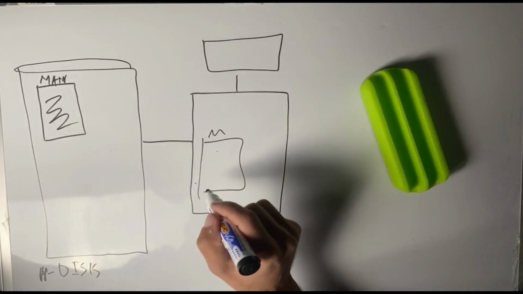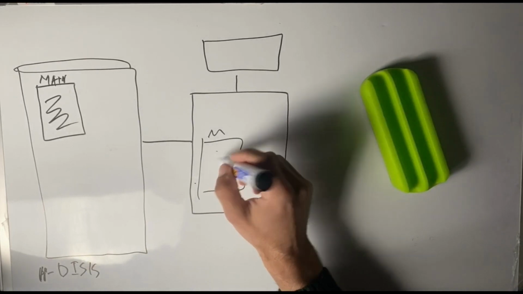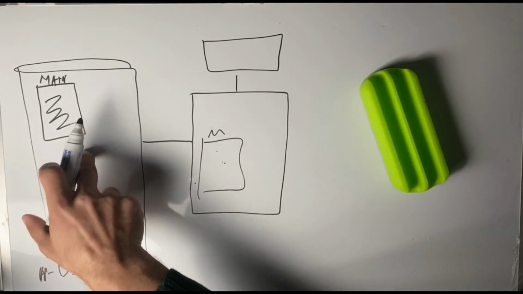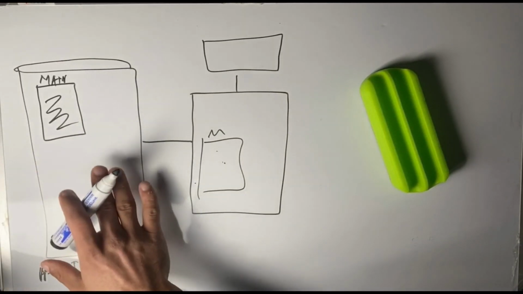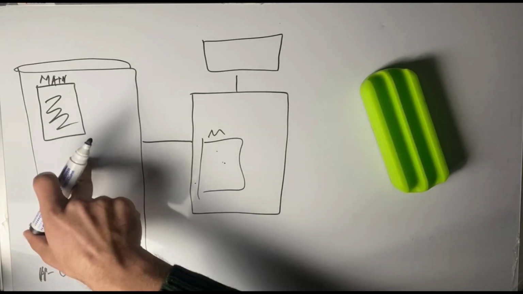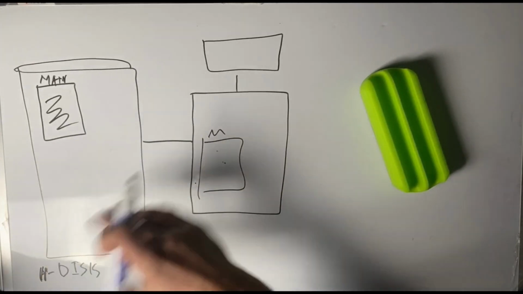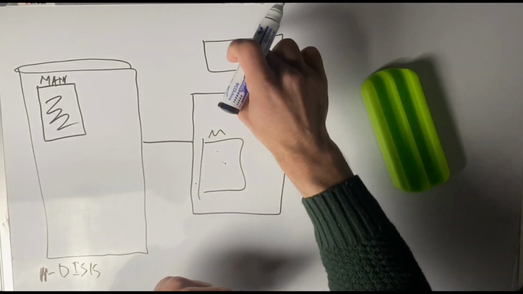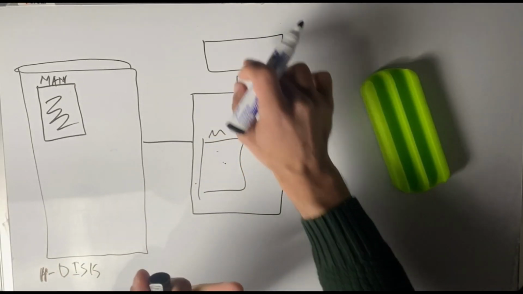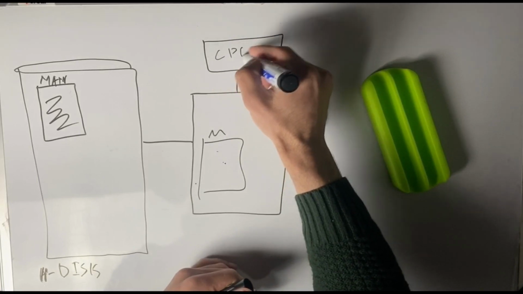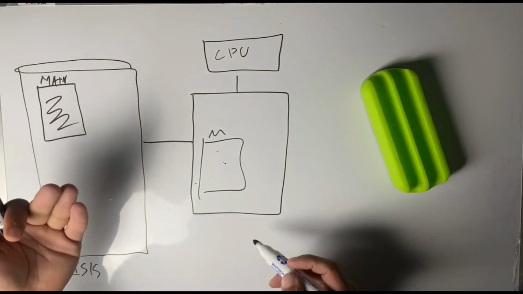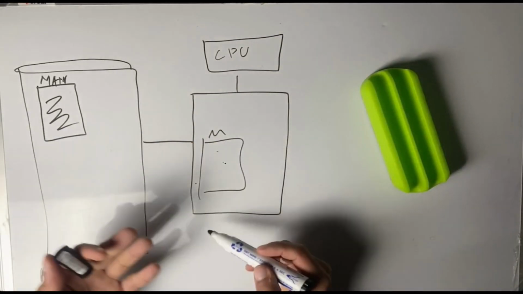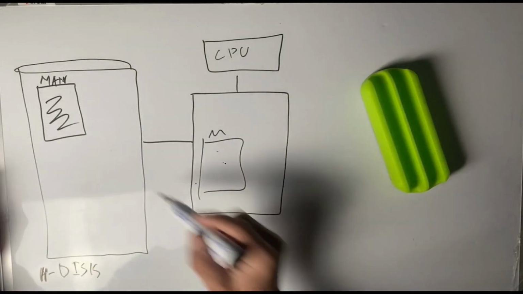So now, unless the file is here, we cannot execute it. The hard drive is very slow. It's not possible to execute files on the hard drive, whereas here it's close to the CPU to execute stuff, right? Let's say you are opening a photo or whatever file that you are editing.